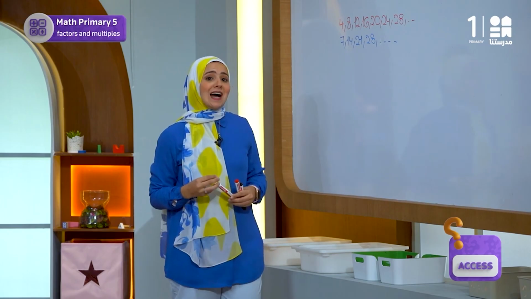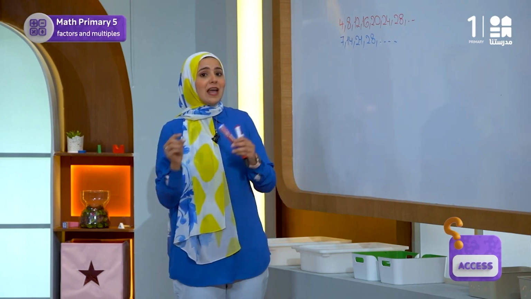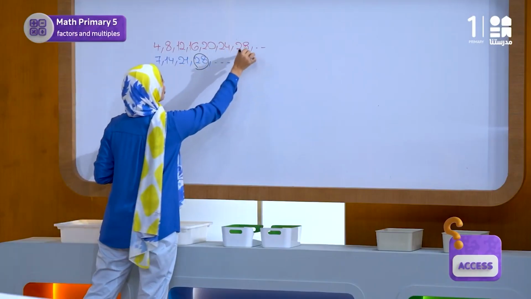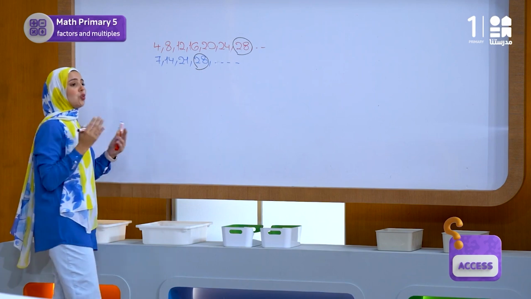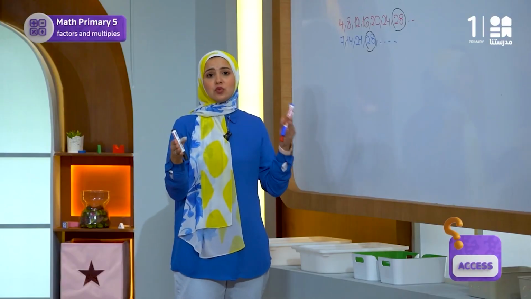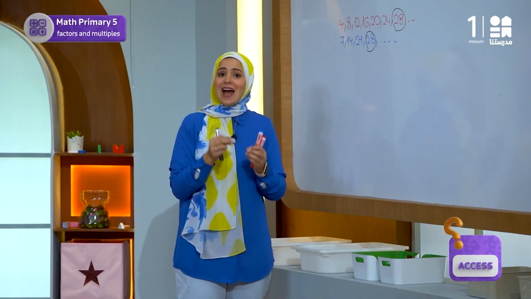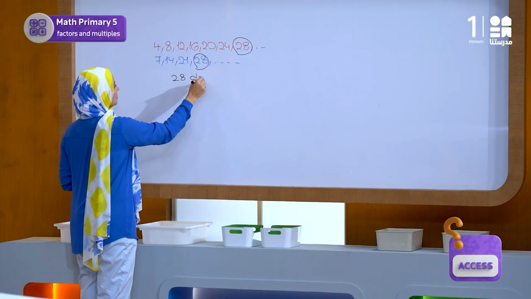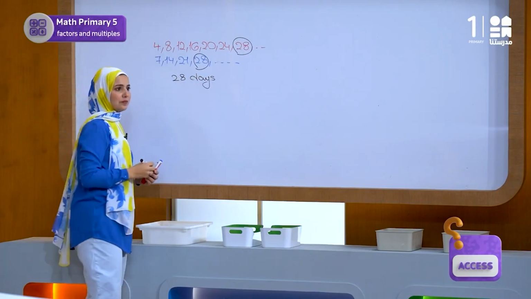We will notice that 28 is the first common multiple of 7 and 4. So what does that mean? Muhammad will both hike and lift weights on the same day after 28 days.